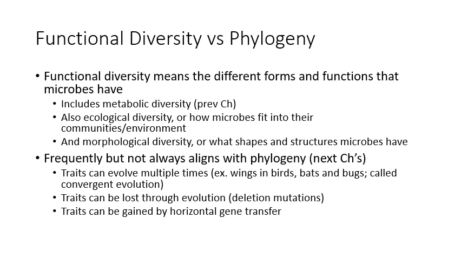You can have that occurring with microbes as well, where a particular type of metabolism or a particular shape could evolve multiple times in microbes that are not exactly closely related to each other. You can also have traits that are lost through evolution if you have deletion mutations, where a whole gene is deleted, then that trait that the gene coded for is just going to be lost.